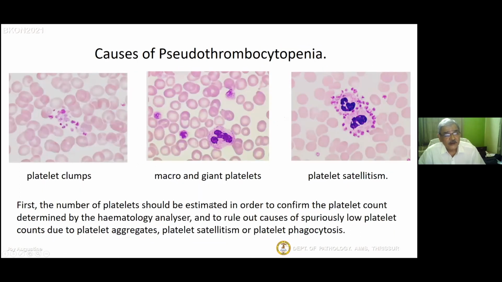Now, what is pseudothrombocytopenia? Pseudothrombocytopenia is the presence of thrombocytopenia by an analyzer, a cell counter. You can get this sort of thing when there are platelet clumps and fibrin, or when there are macro and giant platelets, or when there are platelet satellites.